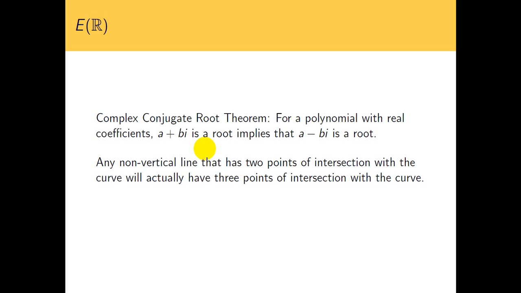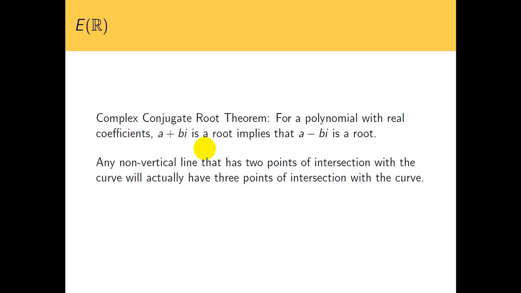That's a combination we can't have, and that comes down to the complex conjugate root theorem. If we have a complex root, then its conjugate is also a root. That's why we can't have two real roots and one complex root: if we have a complex root, we would need an additional complex root, and that would be four solutions to a cubic polynomial, which can't happen. There are only three solutions to a cubic polynomial.